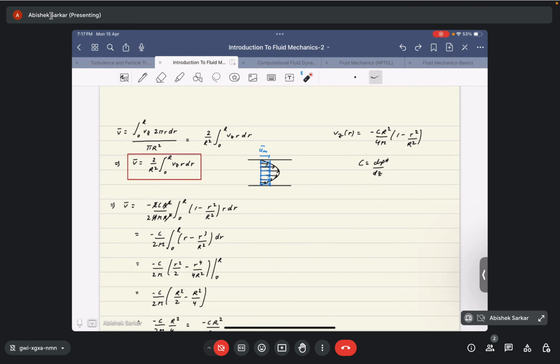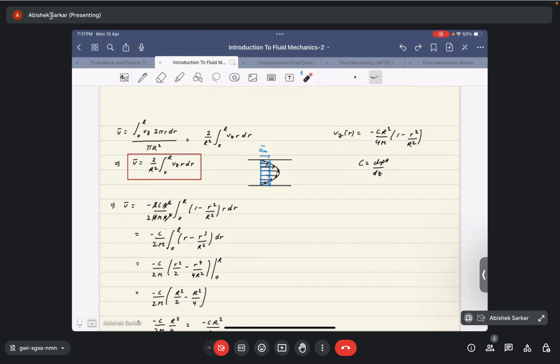But if we are able to equate the volume flow rate through the pipe by using a constant value of velocity through that particular cross section, then we can find the value of the average velocity through that cross section.